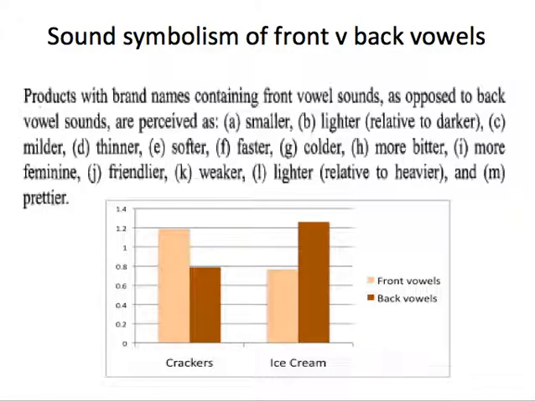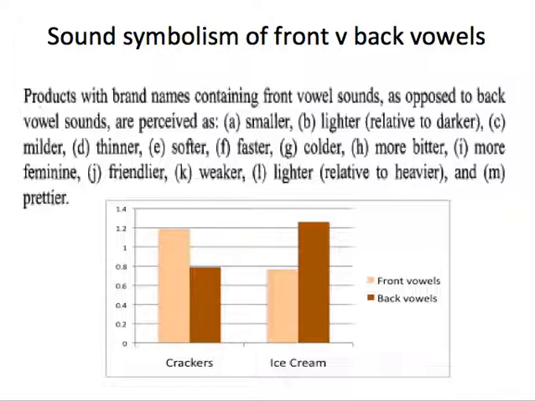Some interesting research that has been done is the article by Yorkston about ice cream, which is also building on some previous research about the nature of the sound symbolism of front and back vowels to do with particular brand names of food.